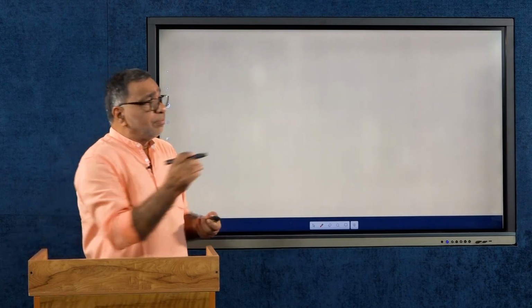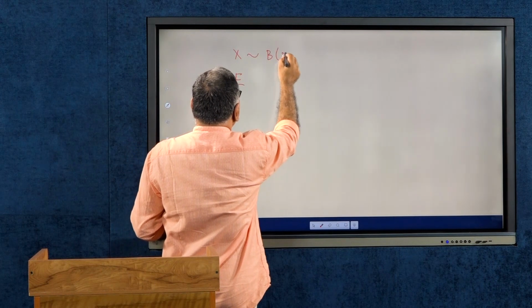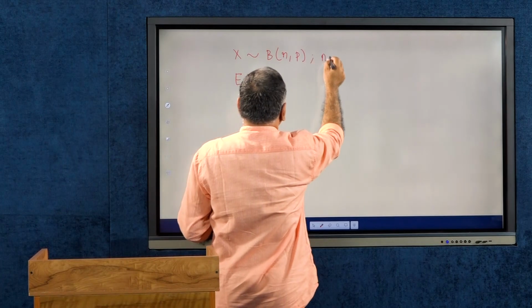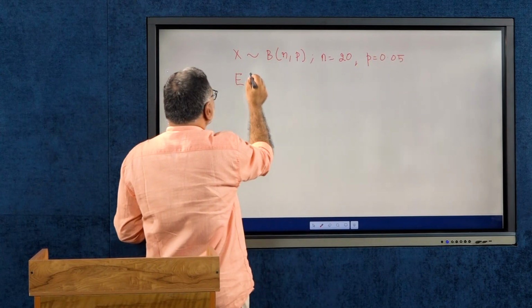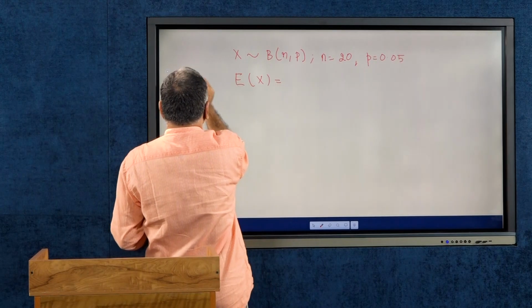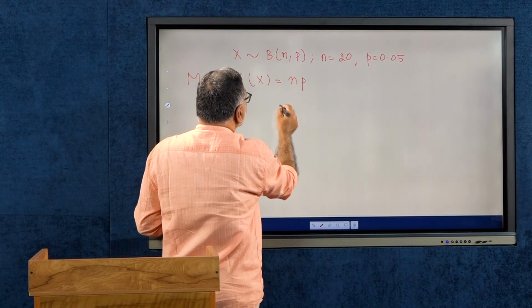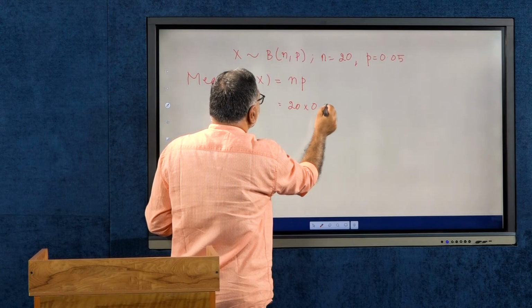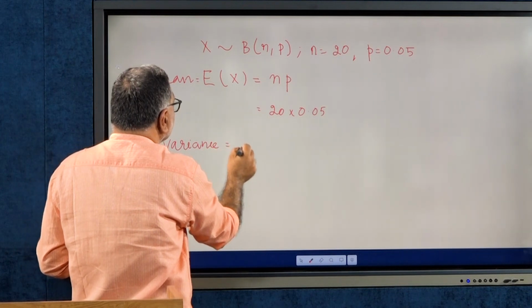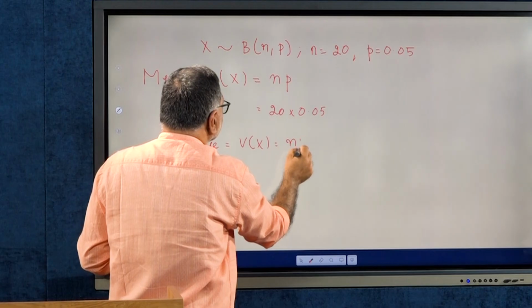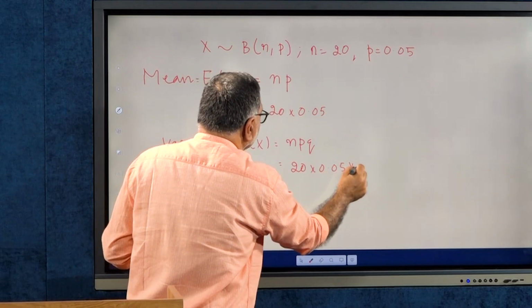Mean is equal to expectation of X. Since X is a binomial random variable with n equal to 20 and p equal to 0.05, expectation of X, that is our mean, is by formula np, that is 20 into 0.05, and variance is npq by the formula, that is 20 into 0.05 into 0.95.